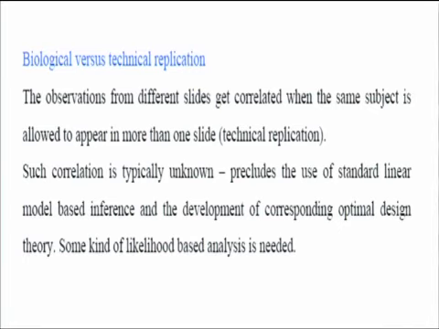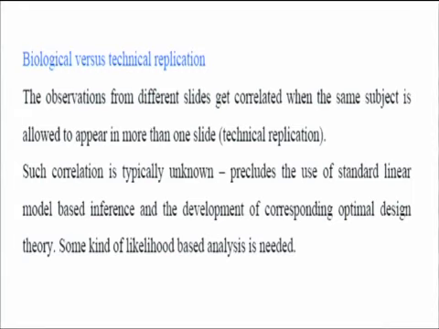Now, the next question is very important: biological versus technical replication. Now, you know, technical replication can lead to correlation among data arising from various slides. If I assume for a moment that biological and technical replications are equally expensive, well, this assumption may itself be debated. Then the design problem, and of course, we further assume that the correlation induced by the technical variation is known, as is done for example in repeated measurements designs or similar other contexts in developing optimal design theory.